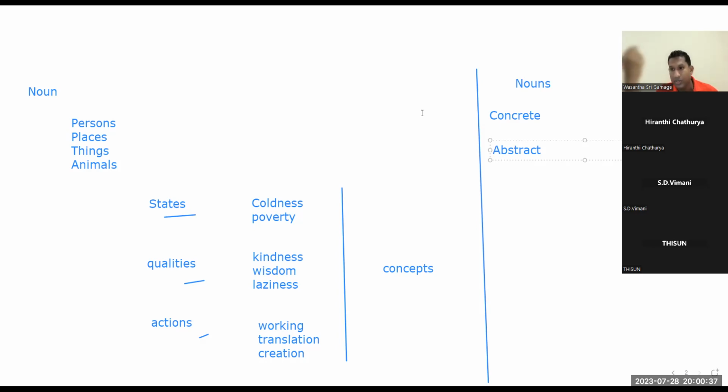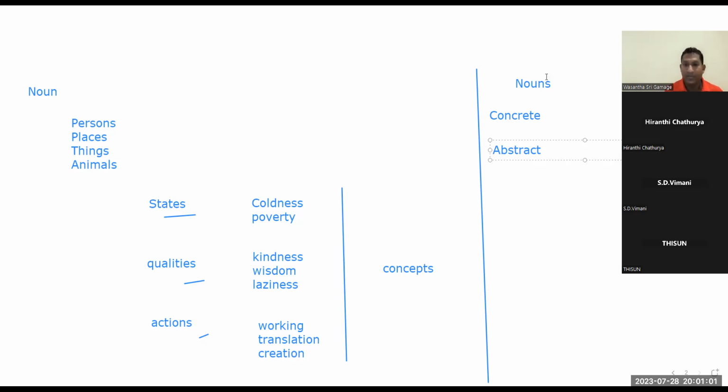Poverty කියන එක ආවේ poor කින්, right? ඒතකොට derive කරගත්තු nouns. Kindness එන්නේ kind කින්. Wisdom එන්නේ wise කින්. Laziness is from lazy, right? Working derived from work. Translation derived from translate. Creation derived from create. So these three are called abstract nouns.